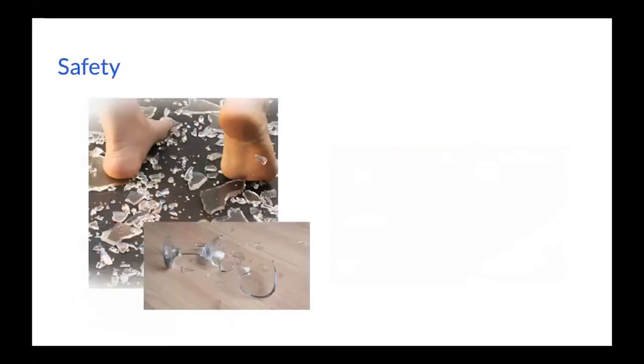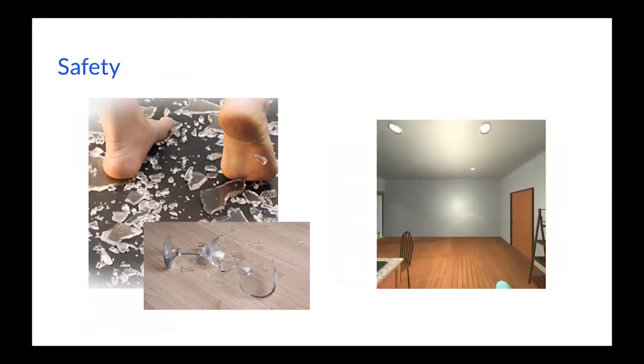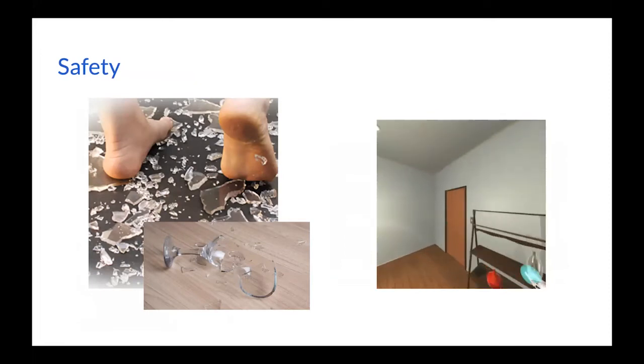The other issue is safety. For example, when we train a robot in the beginning, the robot can take random actions, and it can break the objects, it can damage the objects, it can damage itself, but there are no such issues in simulation. So we can safely train our models in simulation and then transfer the models to the real world.